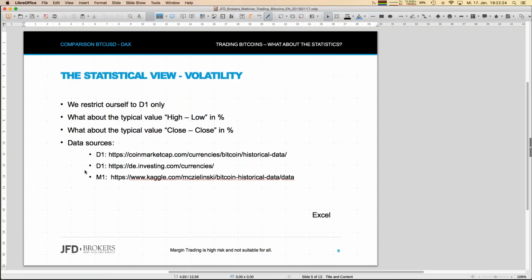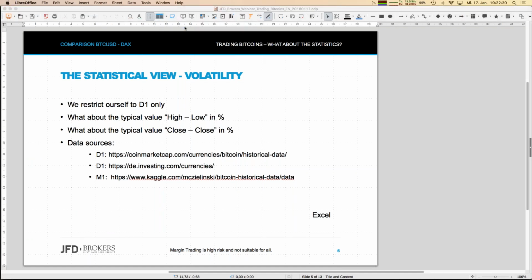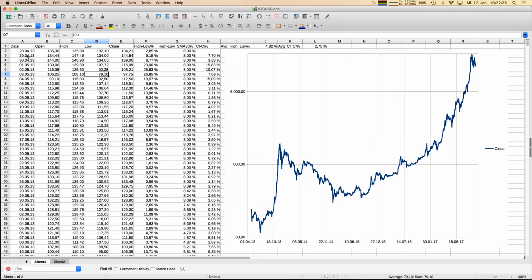So we do our analysis on D1, and let's really start doing that. What I did is I put those data in, and you will see here on my left hand side, I started with April 2013. The reason is Bitcoin has been around 100 at that point in time, and I don't want to go further down.